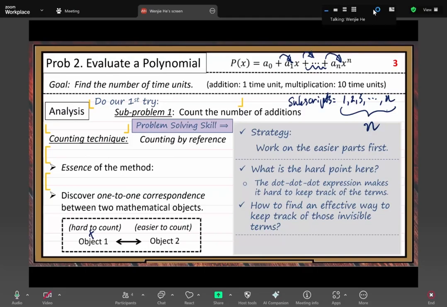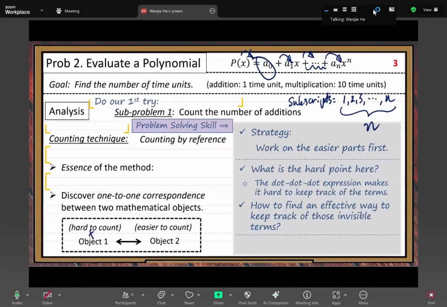Here you can see I exclude the subscript of A0, because there is no plus sign before this A0.